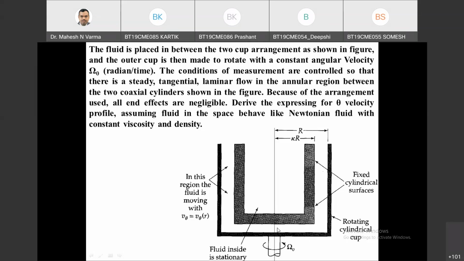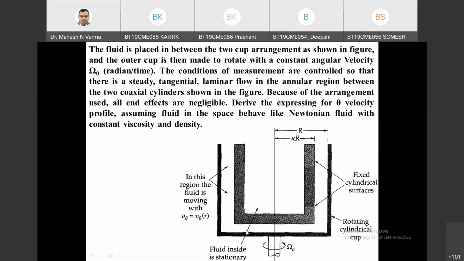This fluid will try to move in the outward direction, but we are considering VR equals to 0. Why? Because these are considered as the end effects. So I'm not considering this region for v theta velocity. Here v theta velocity will behave in a complicated way.